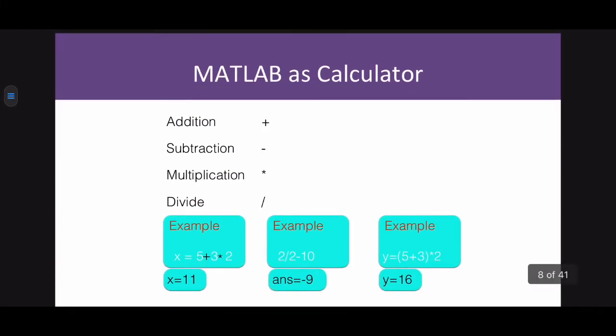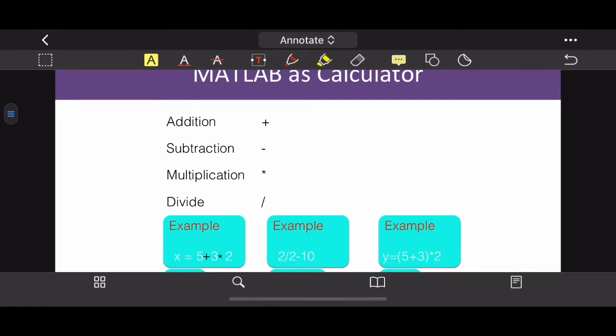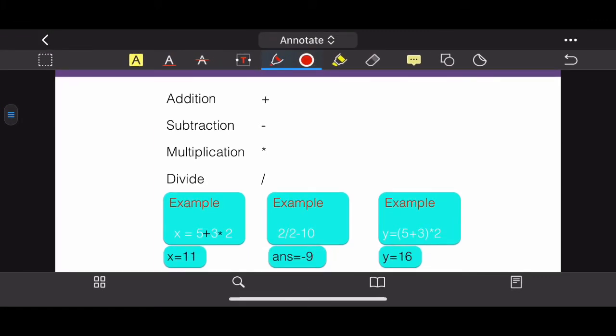Addition is a plus sign, subtraction is minus, multiplication is times, and divide by is division. You have the example for coding of 5 plus 3 times 2. Technically you are going to times 2 first, then plus. So this is 5 plus 6 and you will get 11.